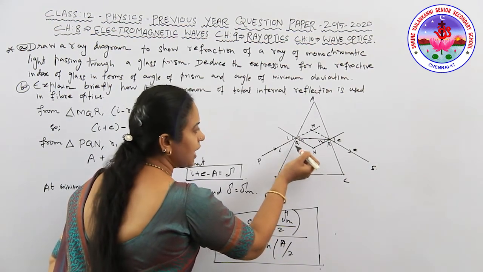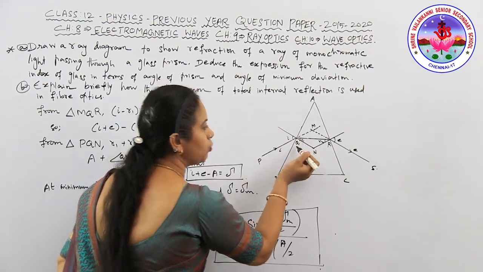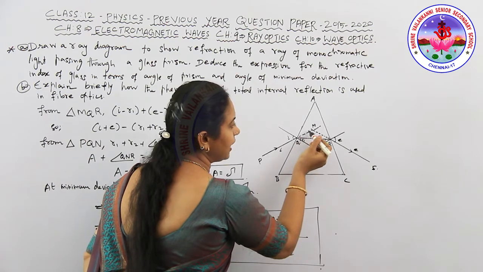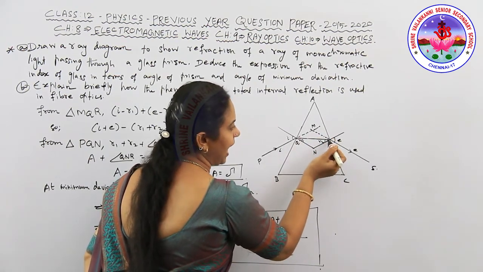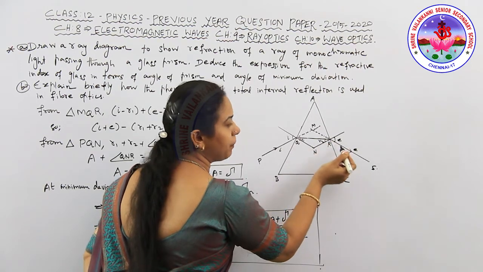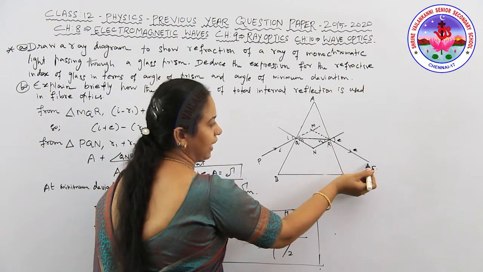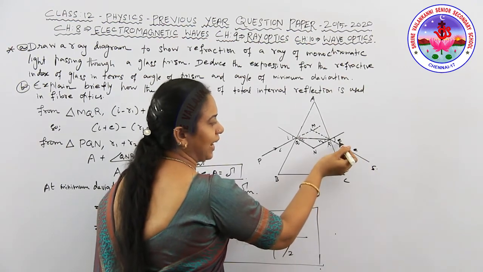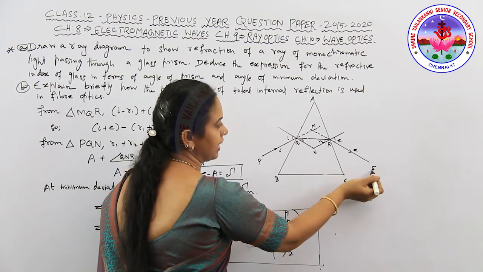As we know, it will bend towards the normal, right? From rarer to denser it is moving. Then the extended ray, which is the incident ray, gets refracted from the denser medium to the rarer medium. Again it gets refracted, so you will get the emergent ray, which is at S.